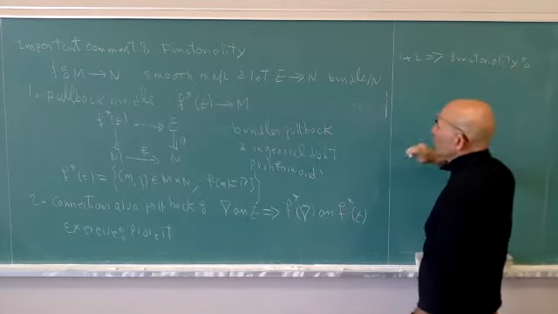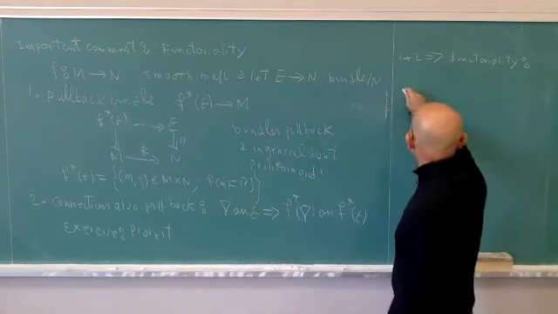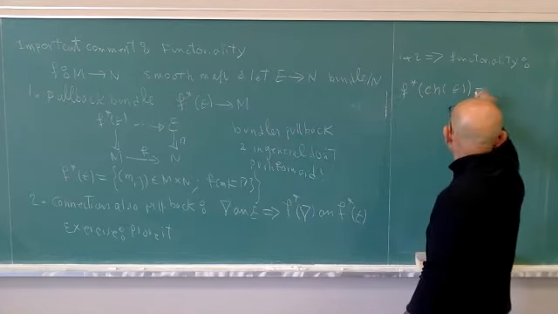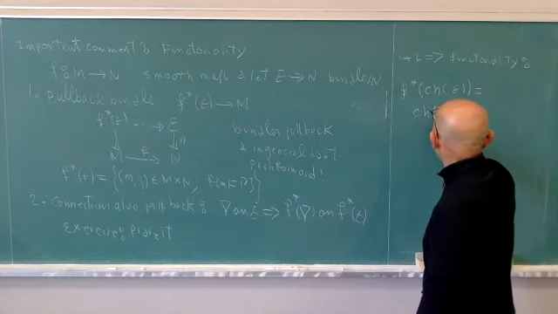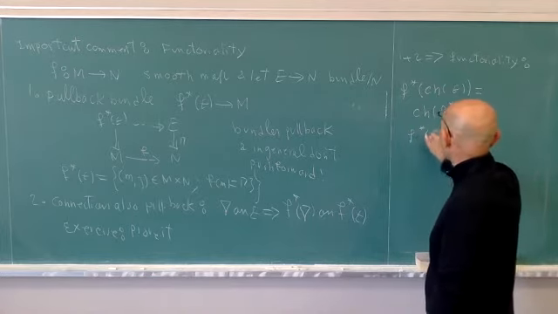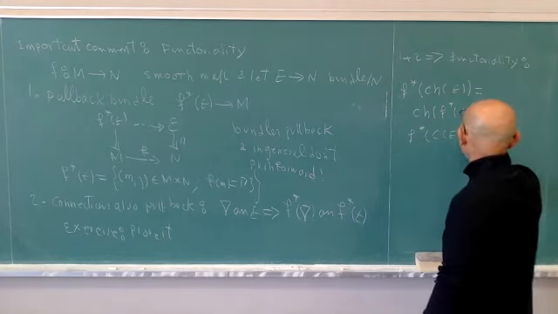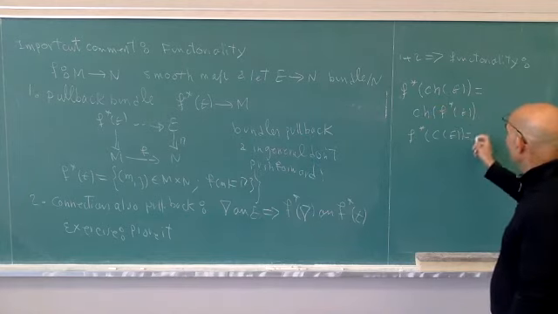For example, you show that the Chern character of E is like the Chern character of f star of E. Also, if you pull back the total Chern class of E, it's the Chern class of the pullback.